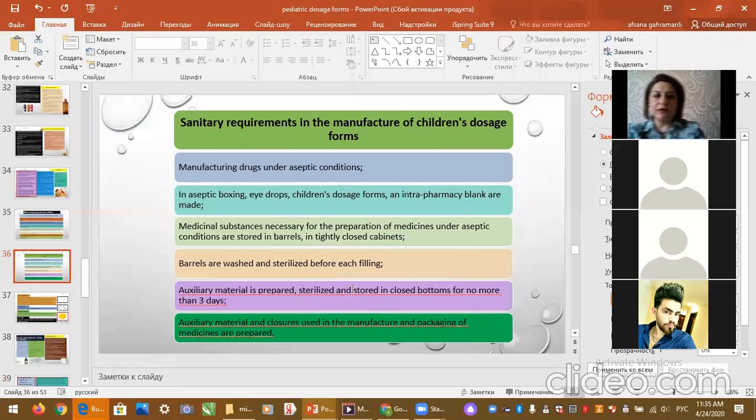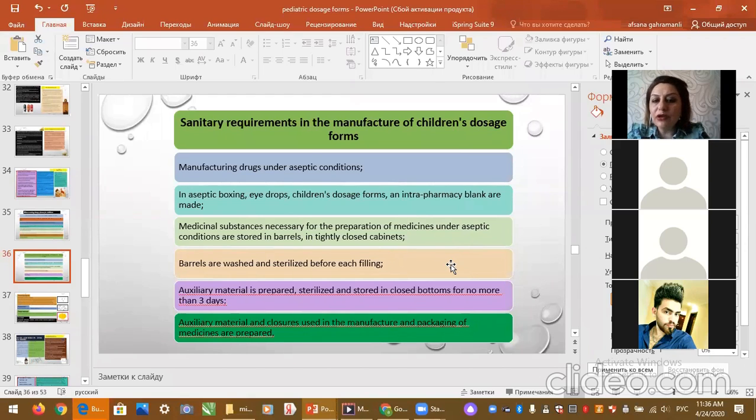Sanitary requirements in the manufacture of children's dosage forms. Manufacturing of drugs under aseptic conditions. In aseptic boxing, eye drops, children's dosage forms, and intra-pharmacy blanks are made. Medicinal substances necessary for the preparation of medicines under aseptic conditions are stored in barrels in tightly closed cabinets.